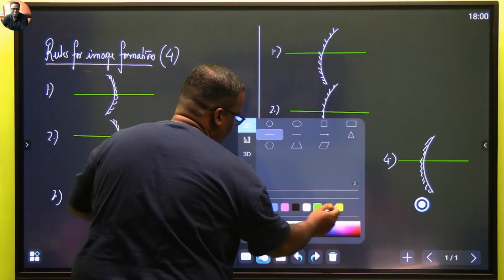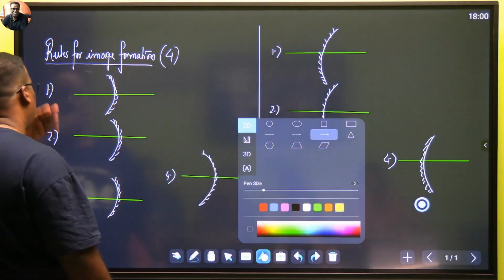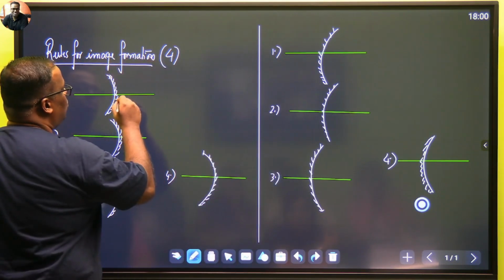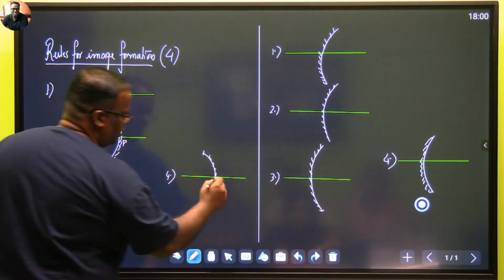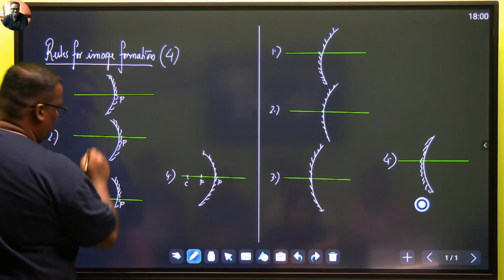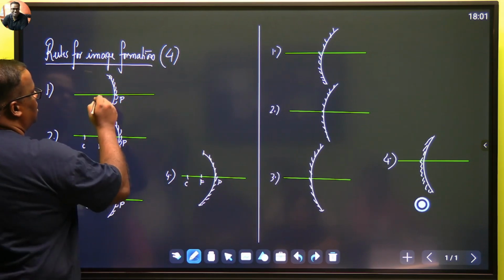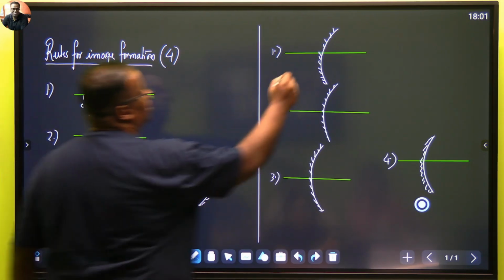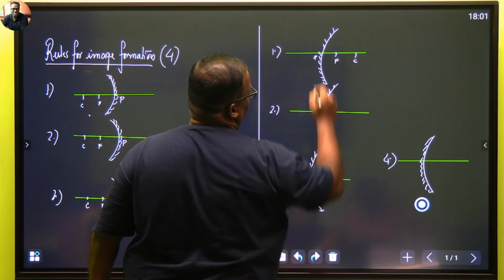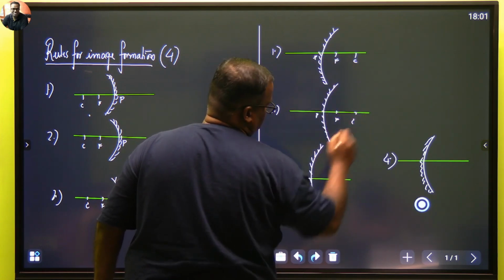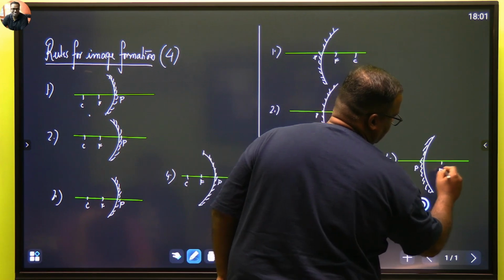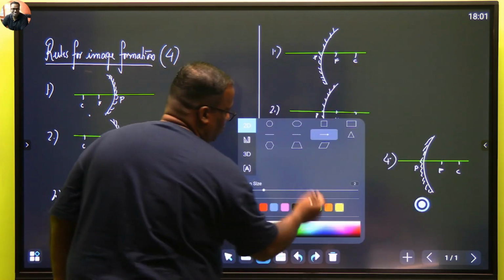So rule number 1, okay, I didn't do the marking, the marking is pending, so let's do the marking also. Pole, F, C for each. So this is my C, F, P, and so on. Fine. Right, chalo. Let's get into our rules.